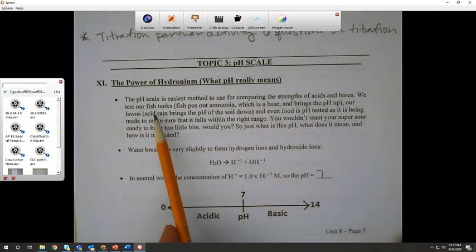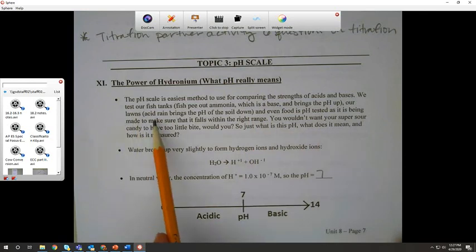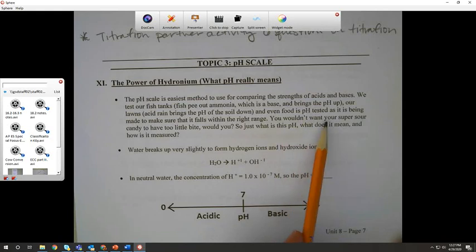We can test our fish tanks at home. If you have fish, they pee out ammonia, which is a base. It brings the pH up. On our lawns, acid rain brings the pH of the soil down. And even food is pH tested to make sure it falls within the right range.